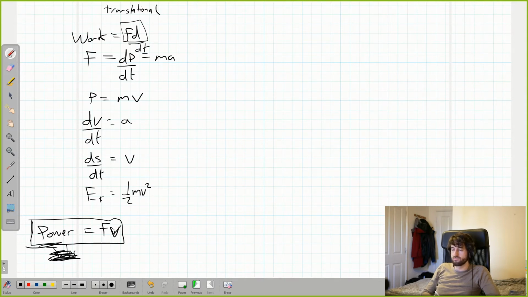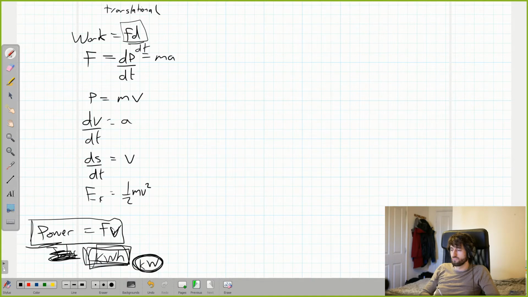Anyway, we don't really use that, but just in case you need to know, whenever you see kilowatt hours, that's why.